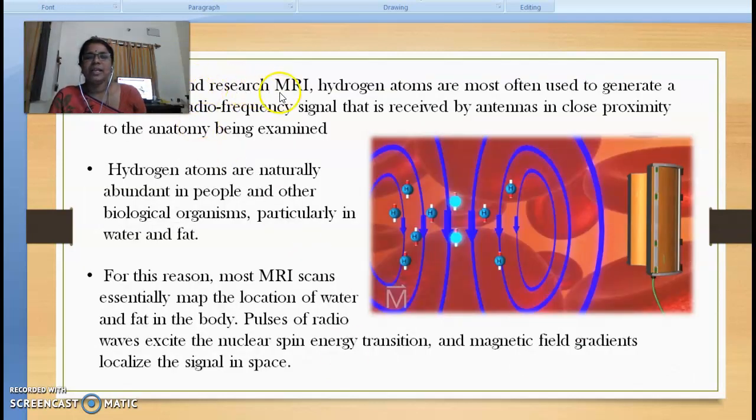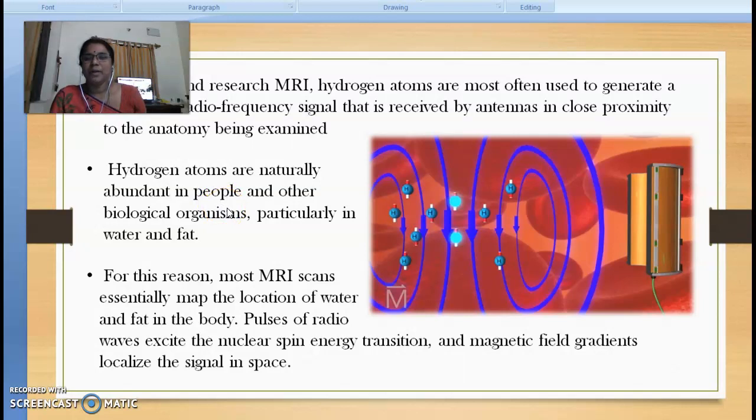In clinical and research MRI, hydrogen atoms are most often used to generate a detectable radio frequency signal that is received by antennas in close proximity to the anatomy being examined. The body mainly consists of protons for proton NMR.